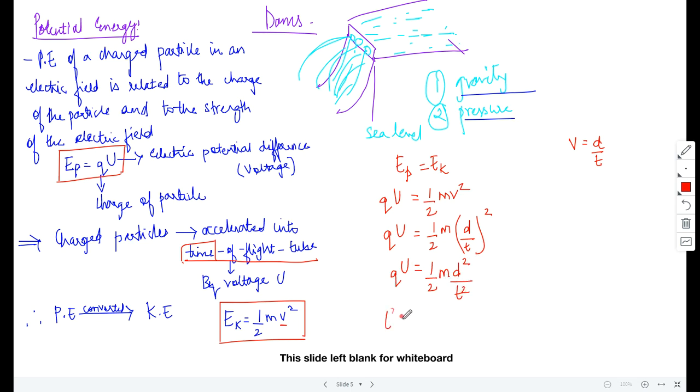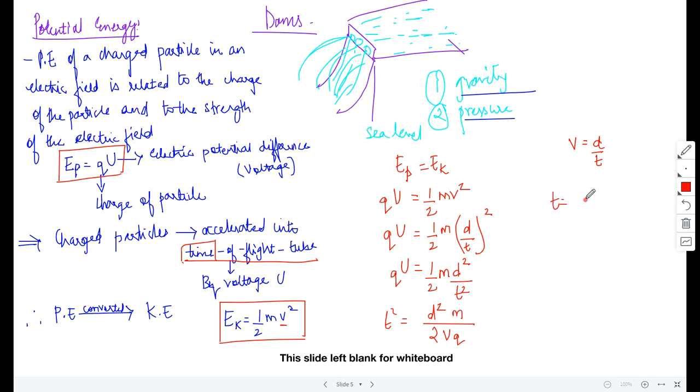So t squared, if I rearrange everything, will be d squared m divided by 2qU, right? I've just taken my t squared side, and to find the value of t, I have to put a square root sign.